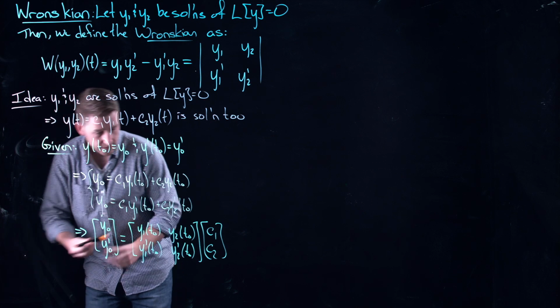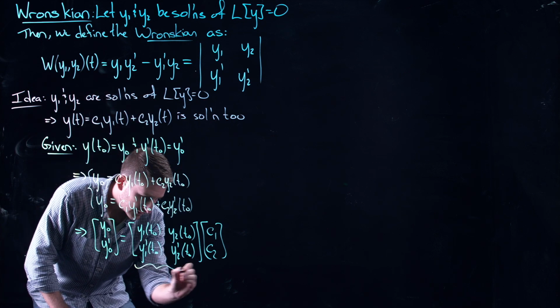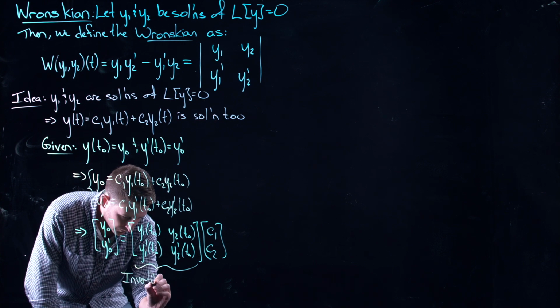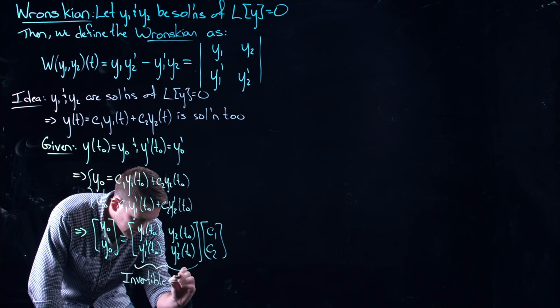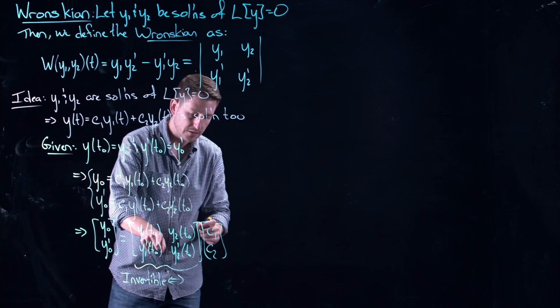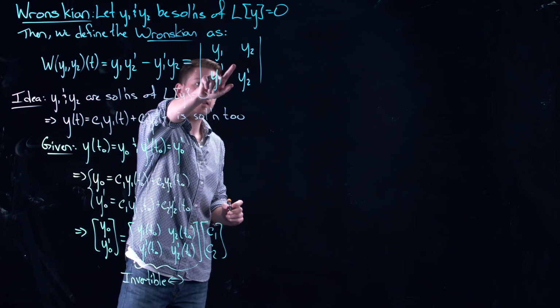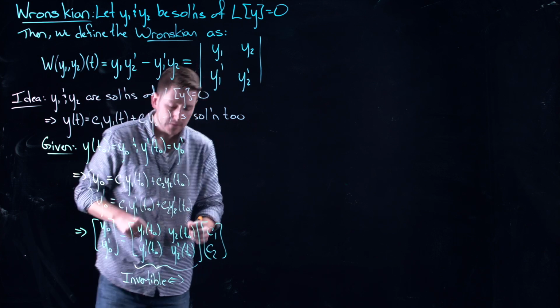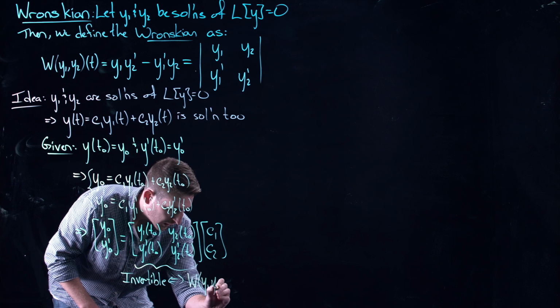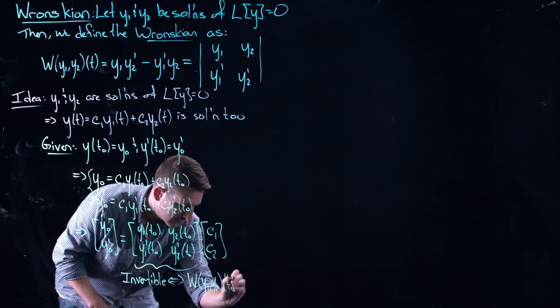So let's take a look at this. This is invertible if and only if its determinant is not 0, which we can take a look right here. Its determinant is actually the Wronskian at time t0.